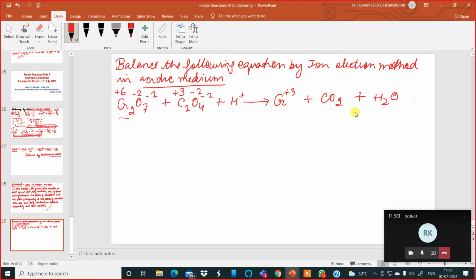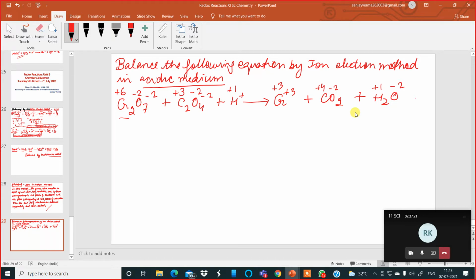Carbon is plus 3, hydrogen is plus 1, chromium is plus 3. In carbon dioxide, oxygen is minus 2, so carbon becomes plus 4. Hydrogen is plus 1, oxygen is minus 2. Now we have to check which atom is undergoing oxidation and which is undergoing reduction.